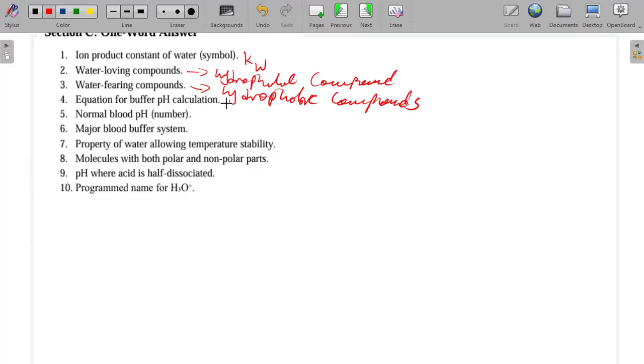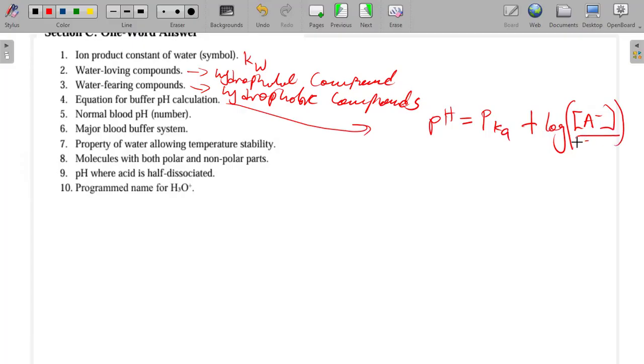So we can have the first one, pH being equal to the pKa plus the log of the concentration of the base divided by the concentration of the acid. So A- indicates the base, and then HA indicates the acid there. Okay, so that's the HH equation.